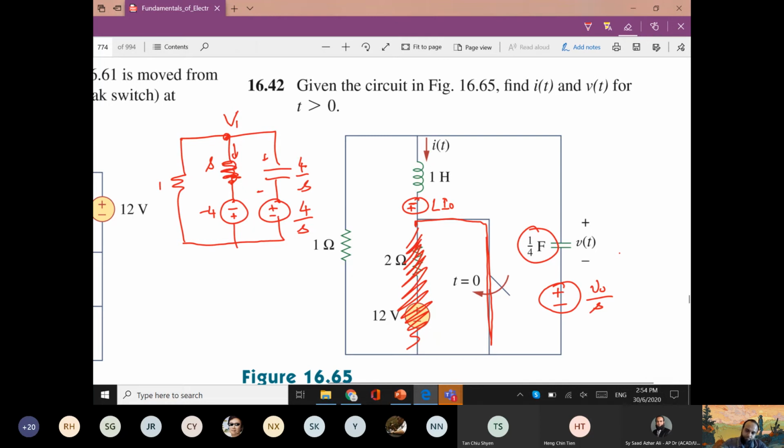So V1 upon 4 plus V1 minus of minus 4, there will be another minus, so it's like plus upon S plus V1 minus 4 upon S upon 4 upon S equal to 0.